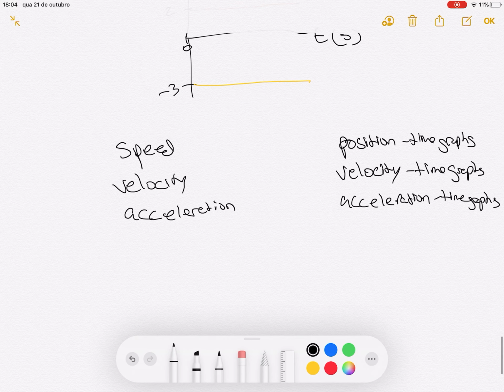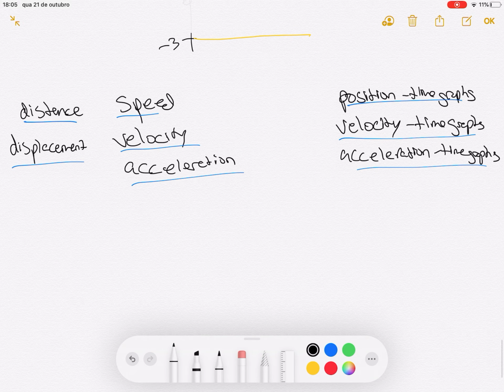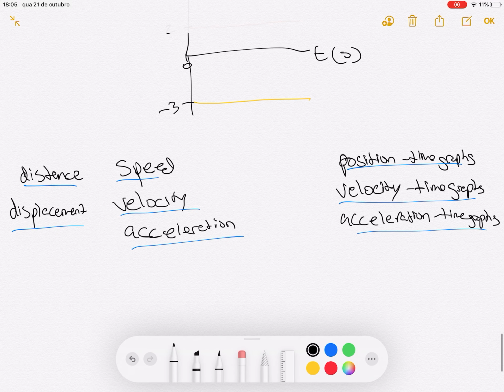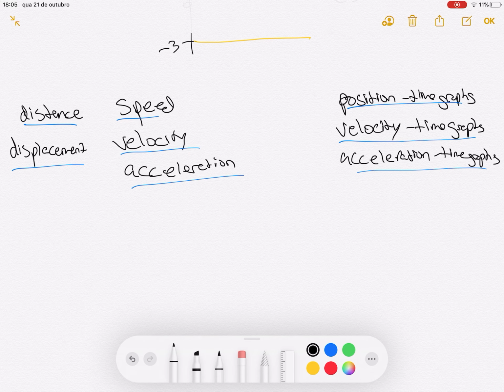And we also discussed displacement and distance. And so these were basically all of the key terms that we discussed, other than increasing, positive, negative, those words. And we also did slope. These are basically the topics and the keywords that we can use to describe motion. So, I think that's it.